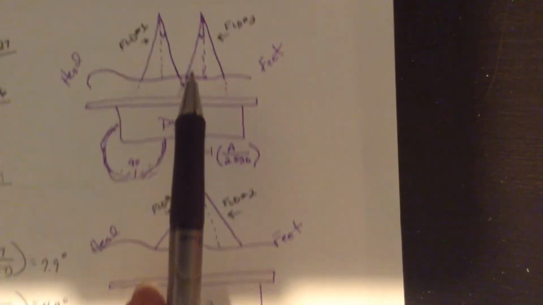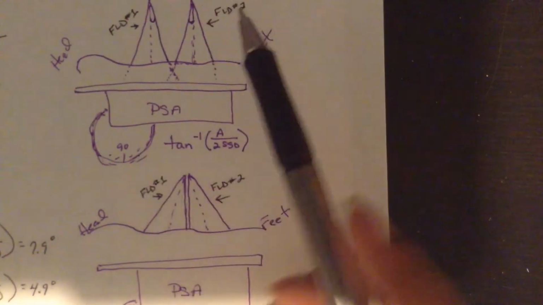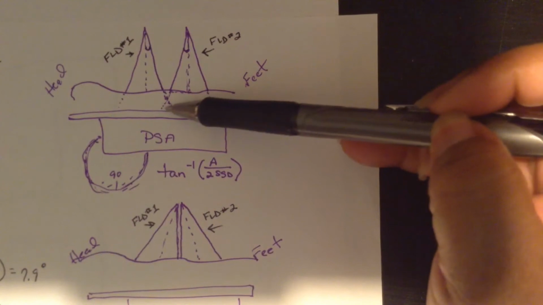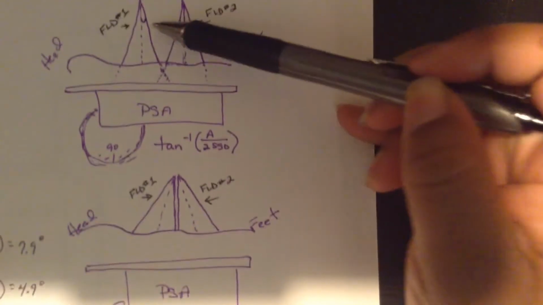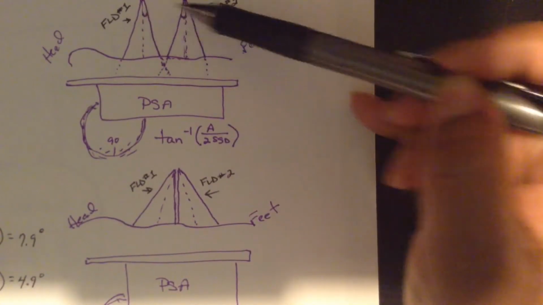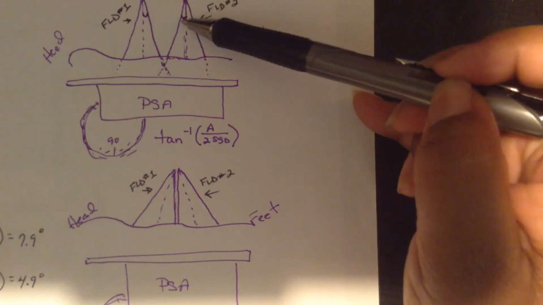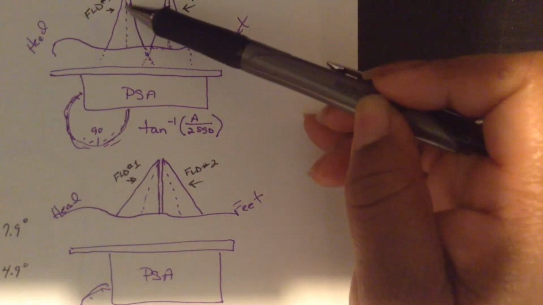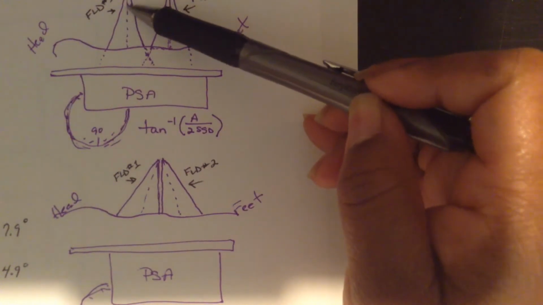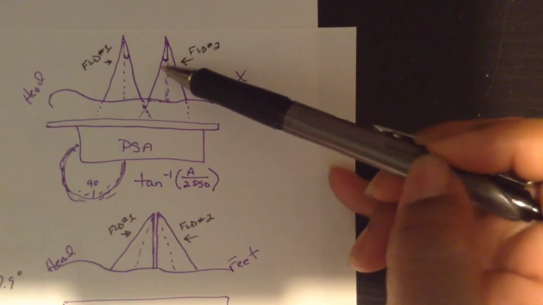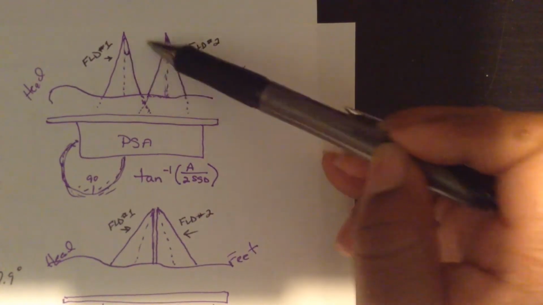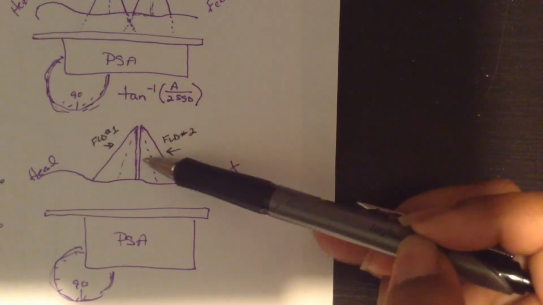Now the third question asked you to use a different strategy to try to make sure that we didn't have a hot spot or cold spot, and that is to calculate the divergent angle of both of these fields. And to calculate divergence, we need this formula. So what we're going to do is calculate the divergent angle for this field, this angle, and calculate the divergent angle for that field, and then we're going to tilt the beams towards each other so we end up with a situation like this.